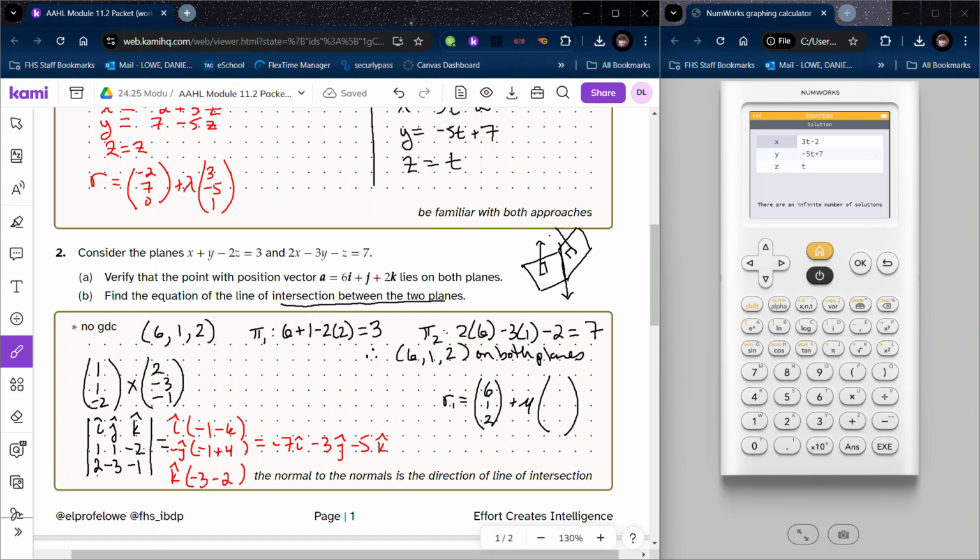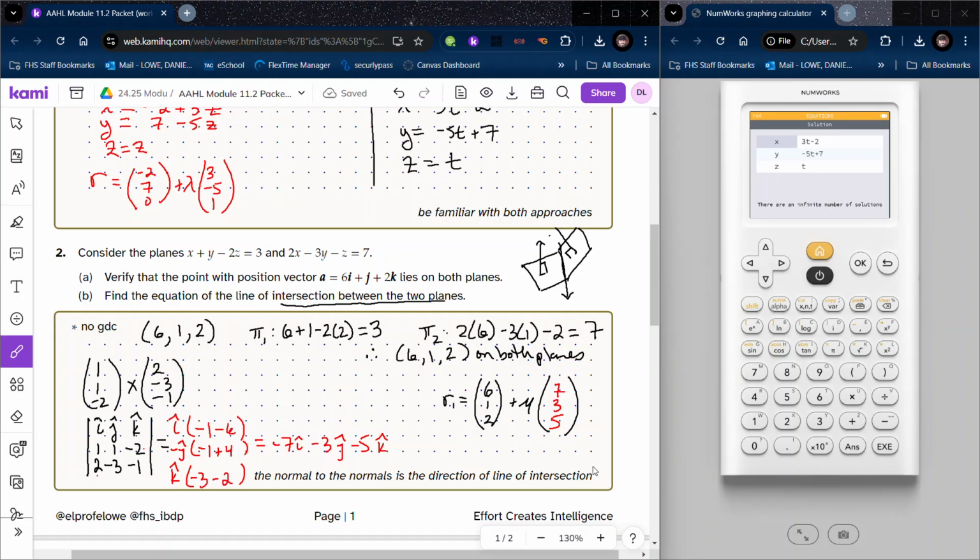So what does that mean for me? What that means is that I have the directionality of my line of intersection. And if I factor out the negative, that gives me the line of intersection having equation 6, 1, 2 plus mu times 7, 3, 5.